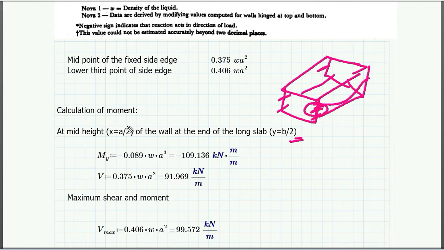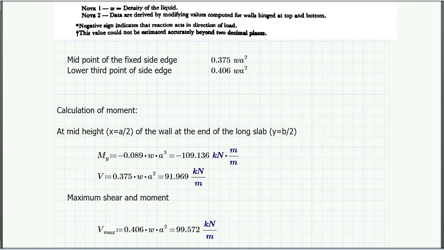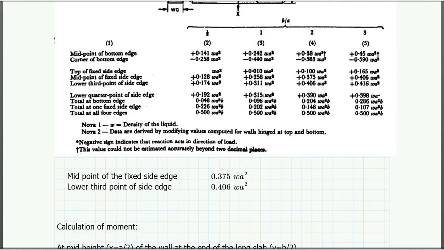So that means at x is equal to a by 2 and y is equal to b by 2, that means at the end of the long wall, My is equal to minus 0.087. You can find out this value in the table.